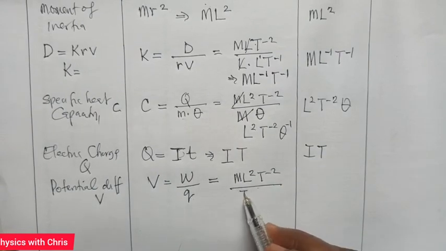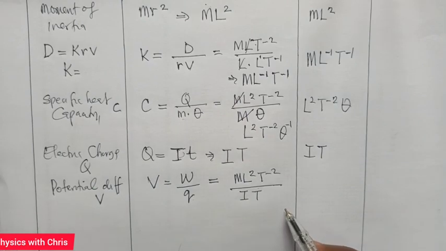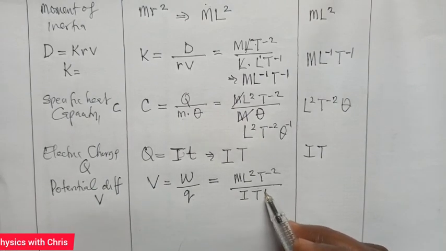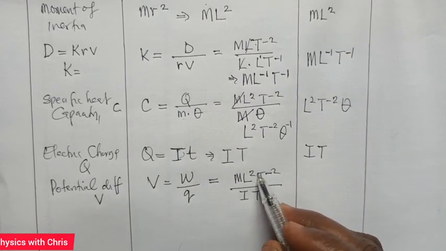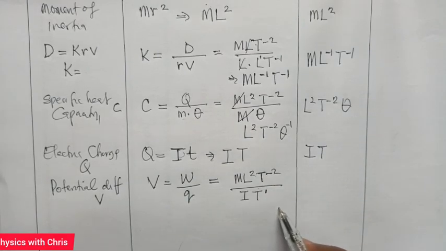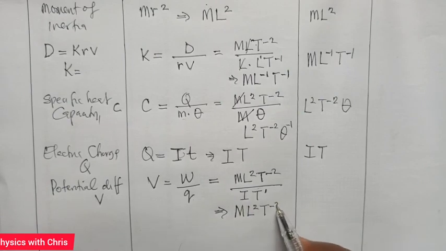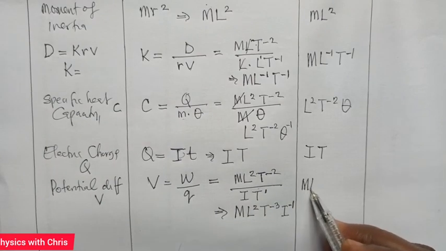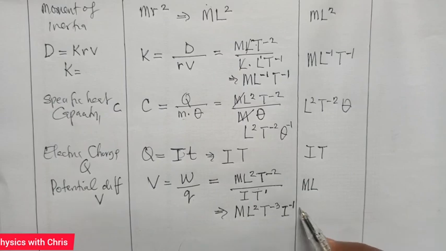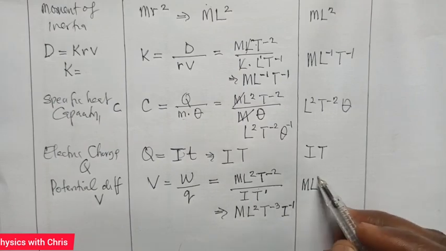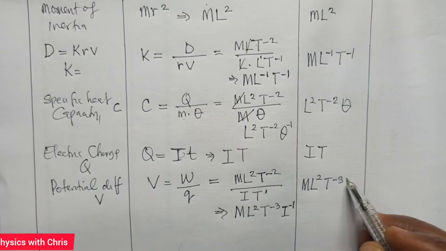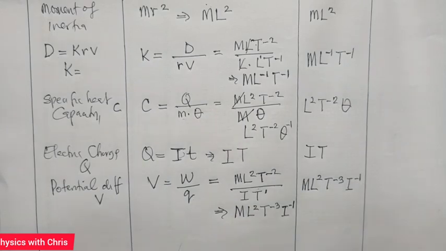The dimension of charge is current times time, which is I T. When you evaluate this using the law of indices, T raised to power minus 2 divided by T raised to power 1 gives T raised to power minus 3, and then this I goes up, so that I have the dimension of potential difference as M L squared T minus 3 I raised to power minus 1. When the I moves up, the power becomes negative. That is the dimension of potential difference.